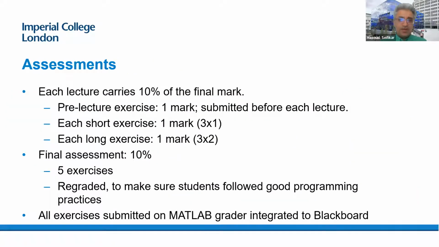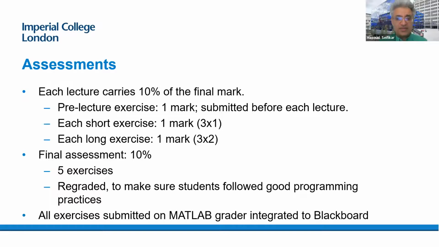So for the assessment, each session of the course had 10% of the final marks. It means that 90% of the total marks was continuous assessment. Of that 10%, 1 mark was for the pre-lecture exercise submitted before each lecture, 3 marks for short exercises and 6 marks for longer exercises.